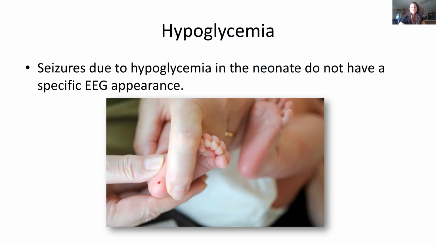Another metabolic situation that we encounter a lot in our NICUs, right, is hypoglycemia. And seizures due to hypoglycemia don't have really a specific EEG pattern, so there's not a specific morphology when we look at that. But certainly we know that hypoglycemia is a hot topic, right?